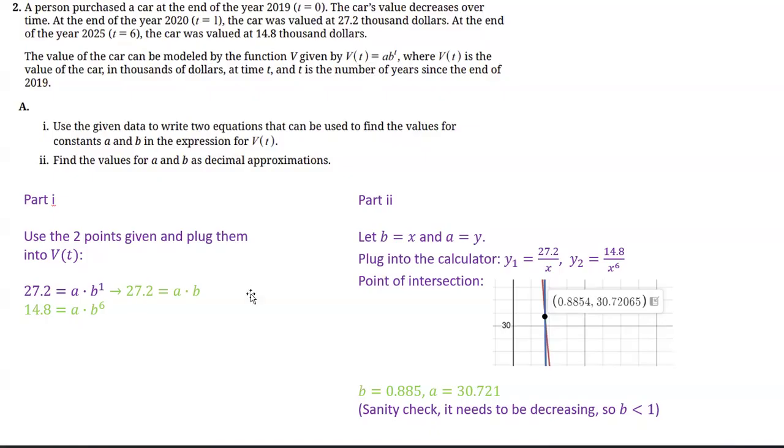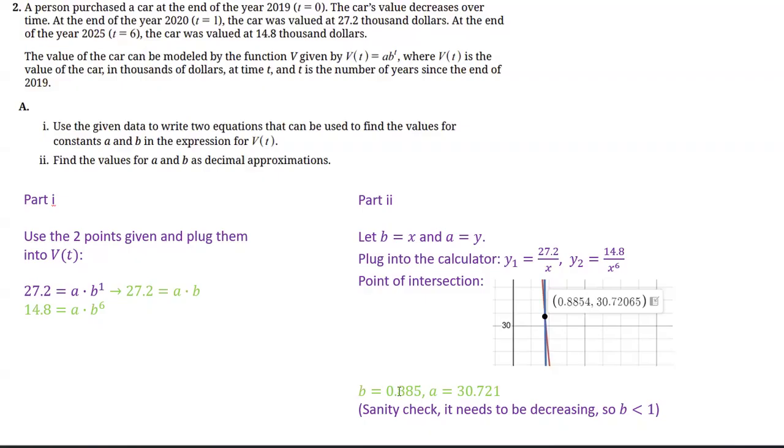The two green. Now, for part two, find the values of a and b as decimal approximations. You could totally do it by hand, even with a scientific calculator, or just plug them in as two functions. Let b equal x and a equal y. Solve for a or y. Then graph those two functions and find the point of intersection. Just be careful which variable x and y corresponds to, a or b.